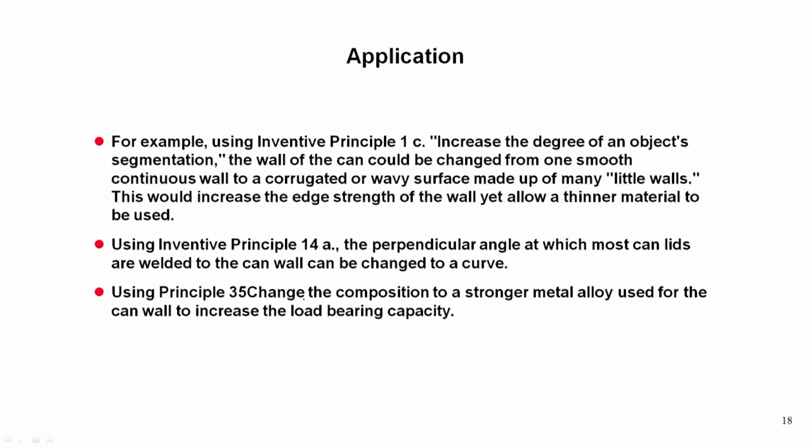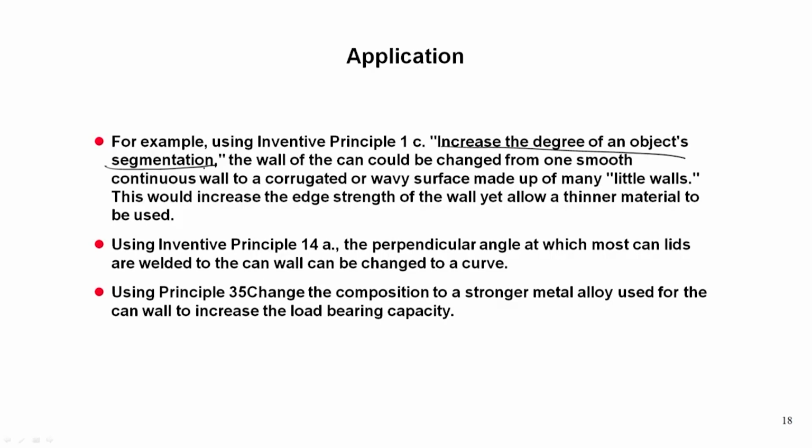For example, I am telling you beforehand, although I am going to go through the principles now. Principle 1 is one that people have already tried for such a contradiction, that is, increase the degree of object segmentation. That means the wall of the can could be changed from smooth to a corrugated one. If you look at this particular water bottle, precisely that is what they have done. They have made it corrugated, so that even a thin sample can hold the weight. So, that is principle 1, increase the degree of object segmentation.